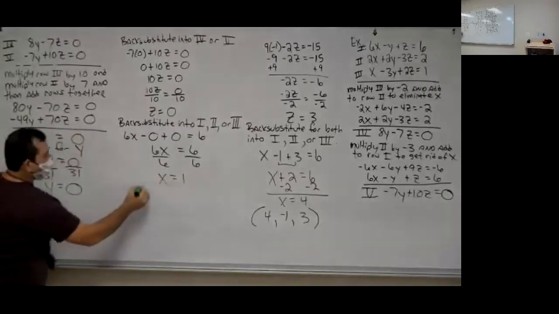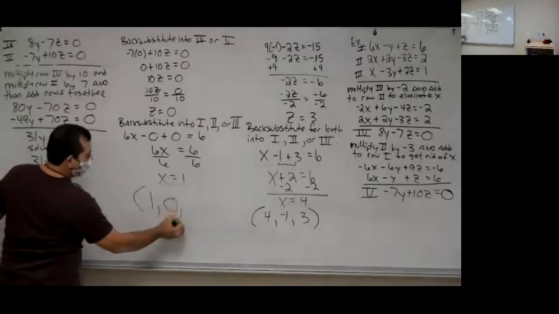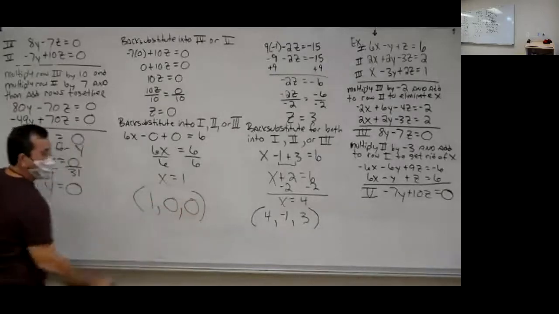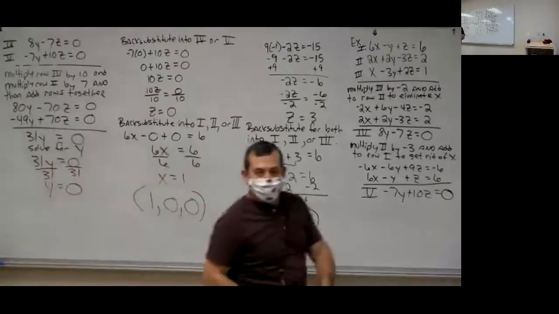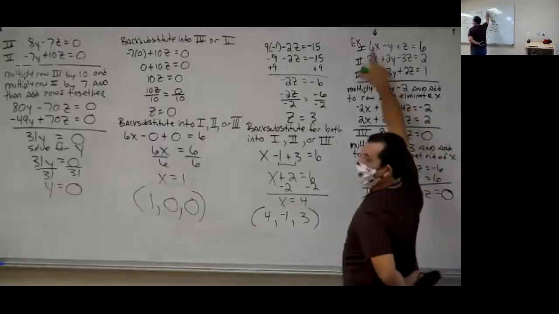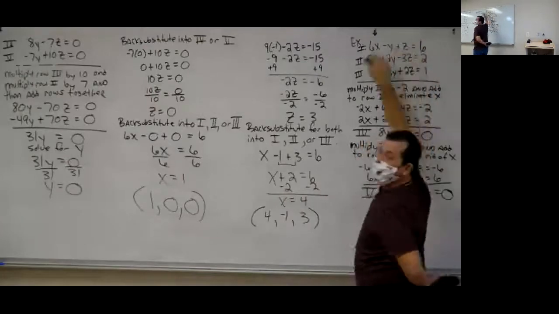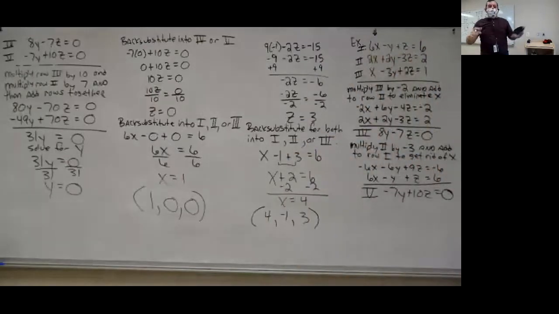My actual answer would be 1 comma 0 comma 0. It doesn't matter what order I put the zeros in. But like I said, if you put that in here, 6 times 1 is 6, minus 0 is 6, minus 0 is 6. So they work out when you plug them back in to check them.